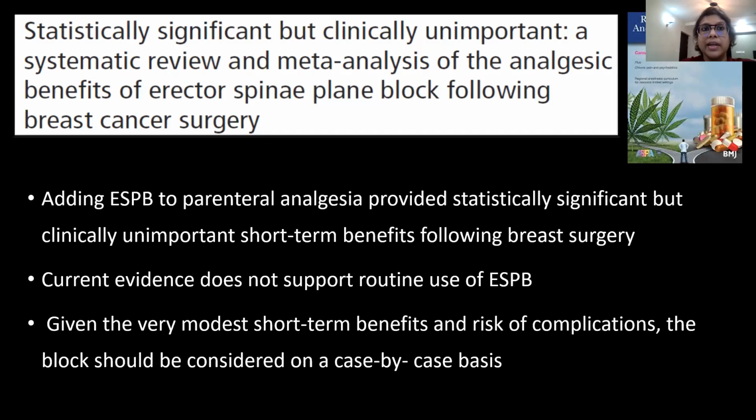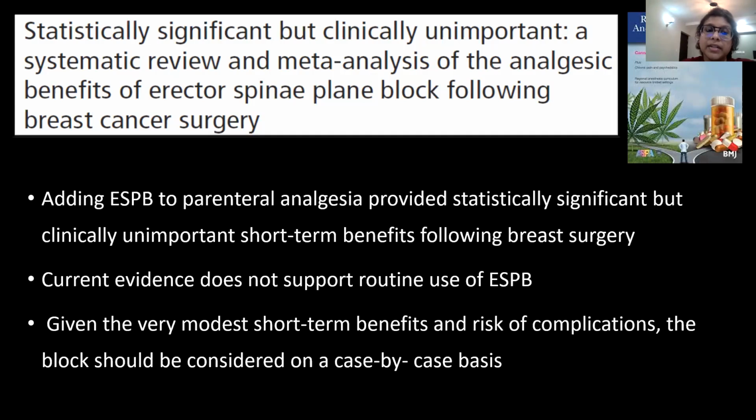What they found is that this statistically significant result was the reduction in opioid consumption, which amounted to an equivalent of 0.73 mg of oral morphine per hour. Now, this was a very modest short-term benefit compared to the risk of complications like pneumothorax and local anesthetic toxicity that can happen with ESP.